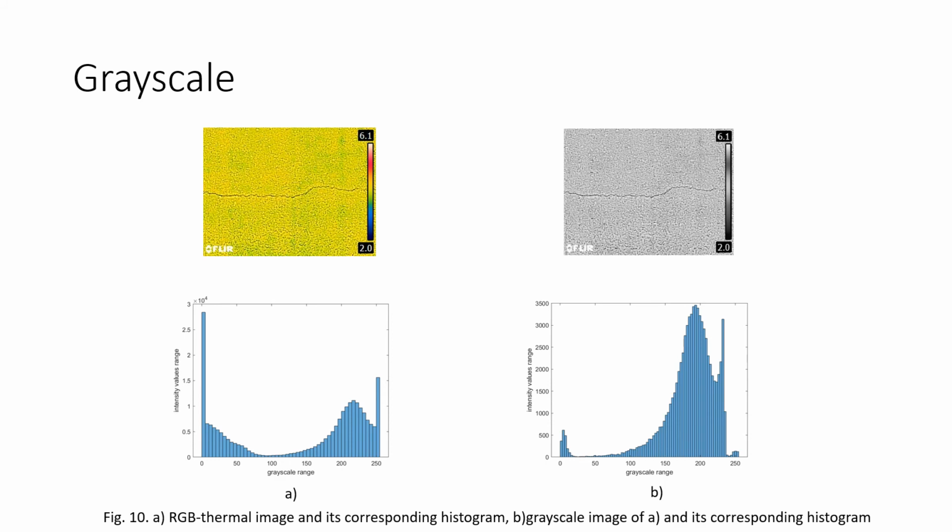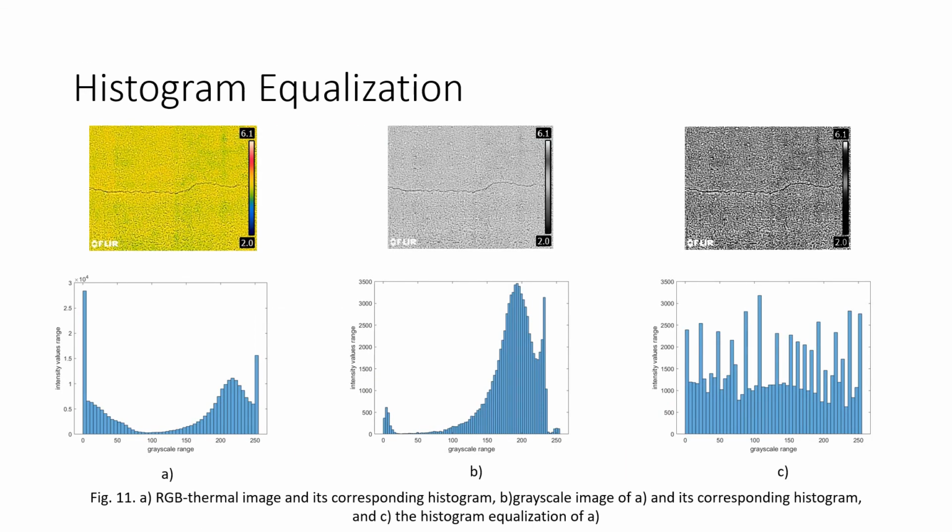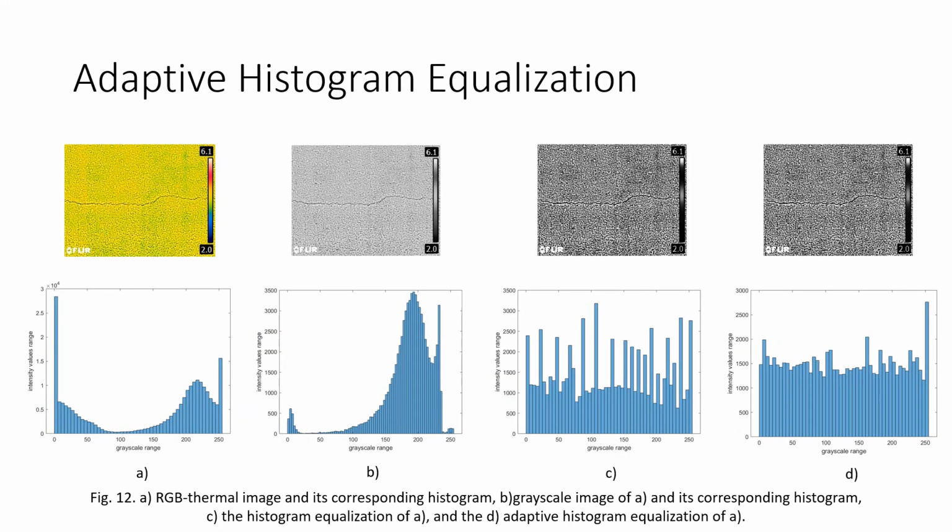So this is the grayscale output of the sample image, and this is the histogram equalization output in letter C. From the thermal output, and then the grayscale, we already almost have a symmetrical histogram in letter C, which is the output of the histogram equalization. But furthermore, we can still improve this using the adaptive histogram equalization.